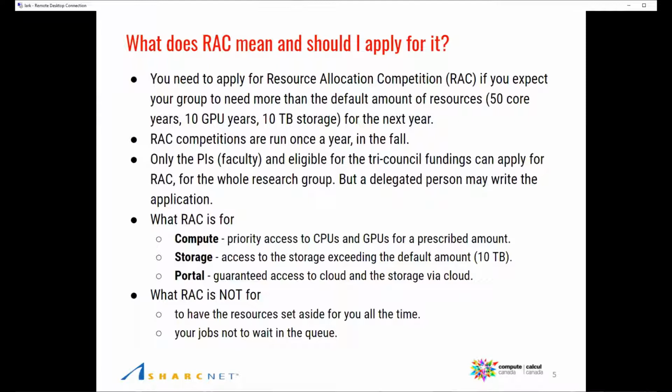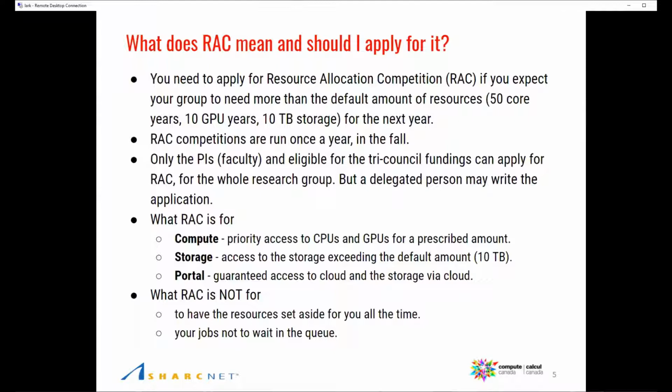For example, 50 core years, and we'll come to how to calculate core years, or 10 GPU years, or 10 terabytes of storage. If your group's needs exceed these minimum amounts for the next year, then you should consider applying for the RAC allocation.